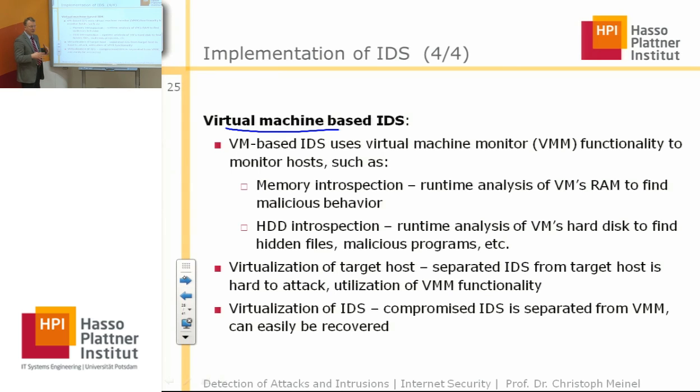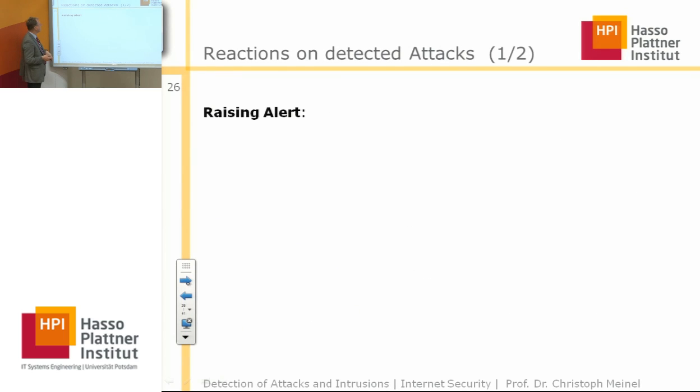Of course, this is a security feature provided by the virtualization mechanisms. Also, with virtualization of the intrusion detection system, a compromised intrusion detection system is separated from the virtual machine management system, and in this way it's easy to recover and its alert can be raised.